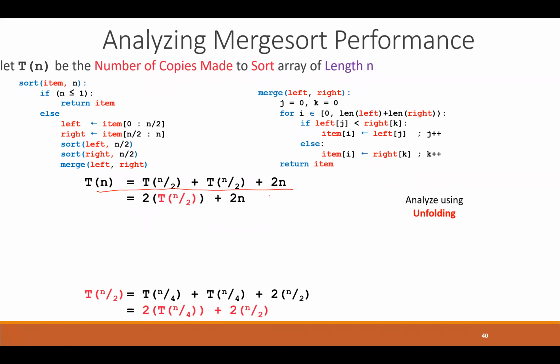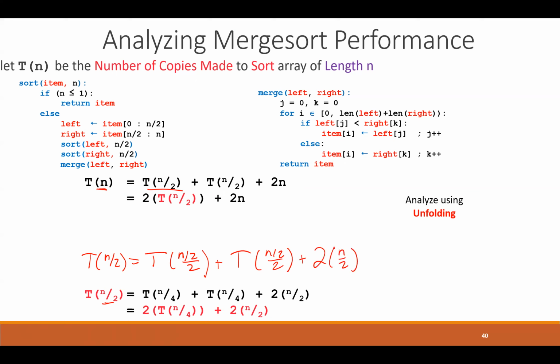So I have T of n over 2 is equal to T of n over 2, but I'm replacing that n with n over 2. So I get n over 2 over 2 plus T of n over 2 plus 2 times n over 2. Okay. And then, well, T of n over 2 over 2 is simply T of n over 4.